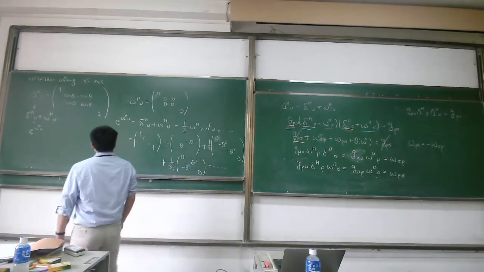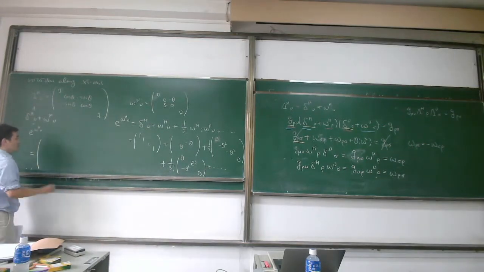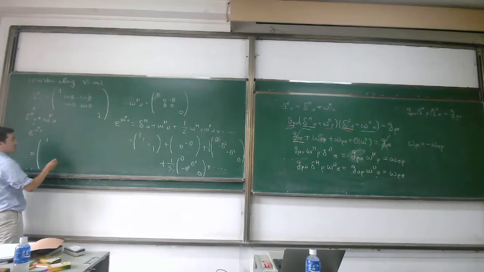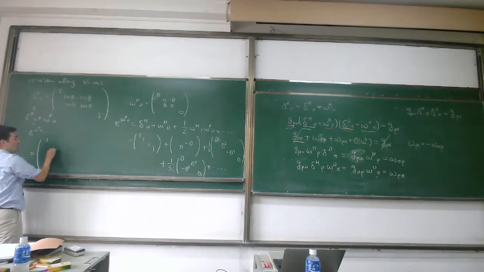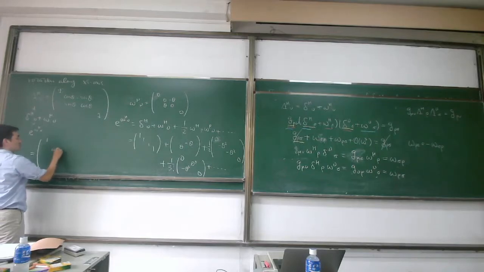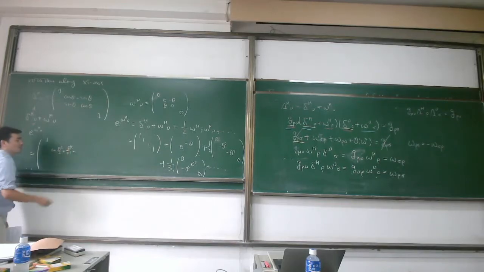So what you end up with, if you do everything: 1, and then here you have the Taylor expansion. So 1 plus whatever, minus theta squared over 2 plus theta to the 4th over 4 factorial, in the 2, 2 component, which is cosine theta, right?